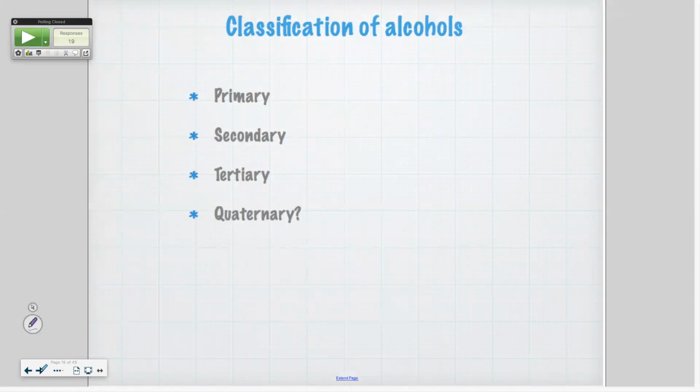We classify alcohols by looking at the carbon the OH is attached to. If it has one R group, it's primary. If it has two, it's secondary. If it has three, it's tertiary. Can you have a quaternary alcohol? No. Why not?